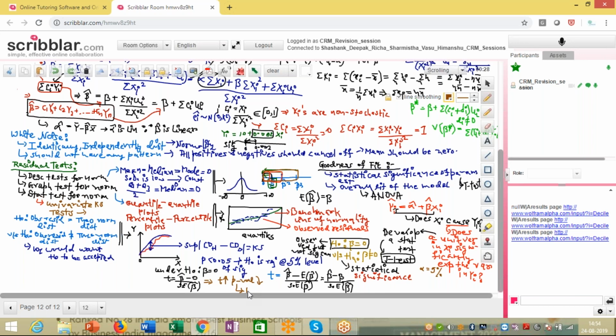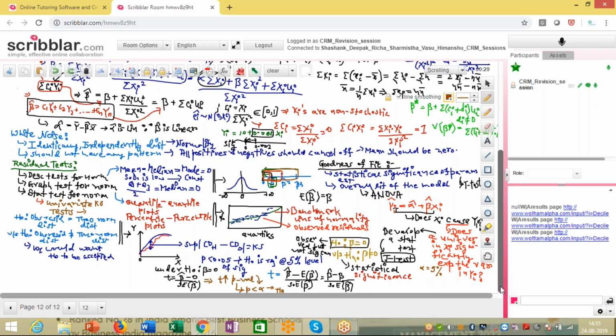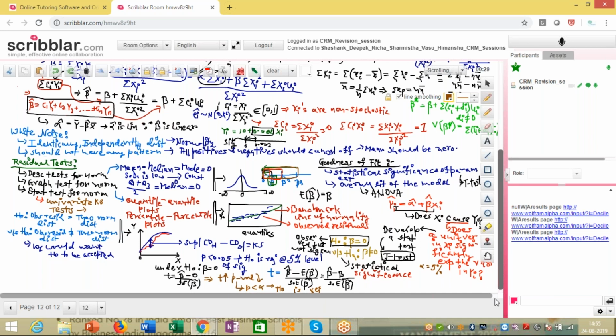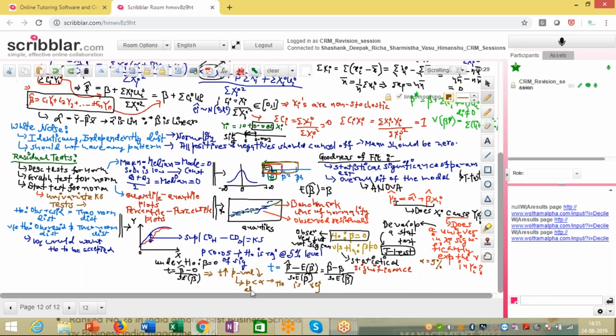So if p is less than alpha, then H0 is rejected at alpha level of significance.